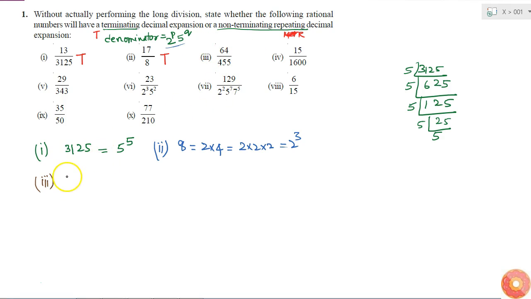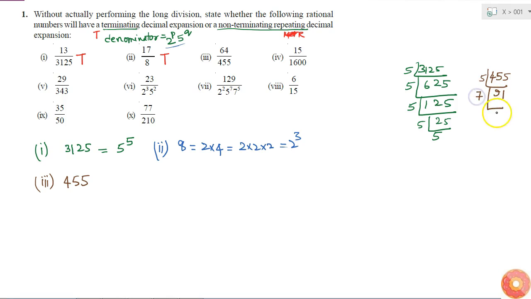Okay, so for the third one, 455. 455 is divisible by 5. So if I divide it by 5, I'll get 91, right? 91, if I try to factorize it, it is divisible by 7.